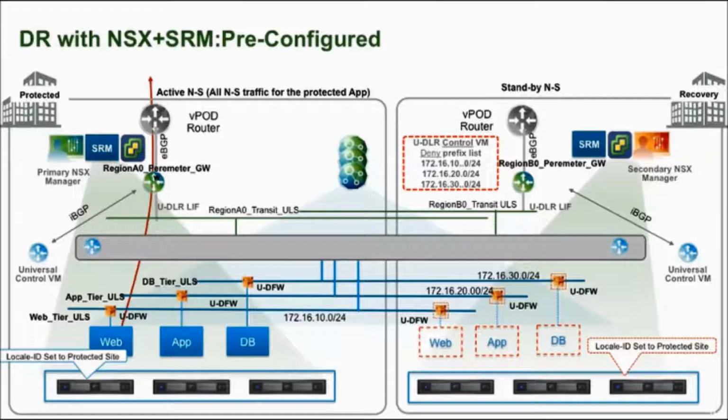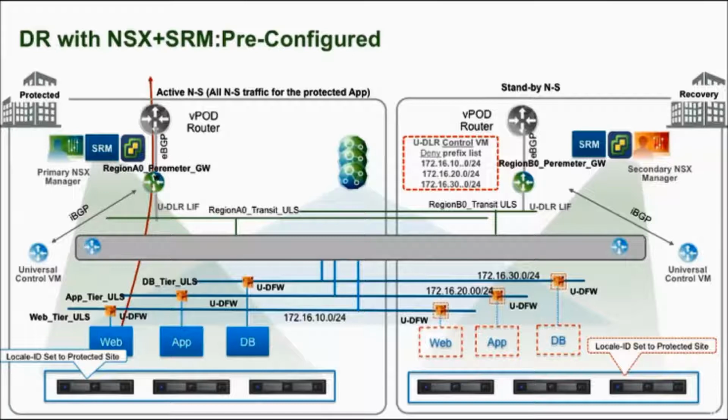This picture presents the topology we already have here, that's pre-configured. Here are 5 NSX universal logical switches: Web tier logical switch, App tier logical switch, DB tier logical switch, Region A01 transit switch, and Region B01 transit switch.